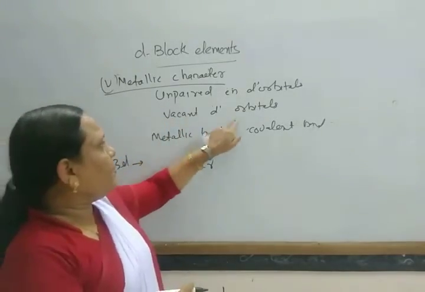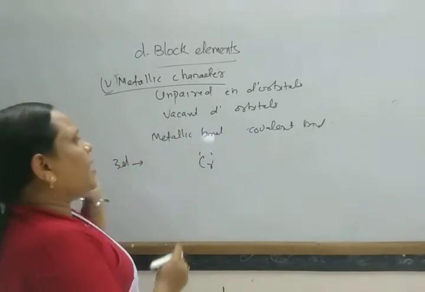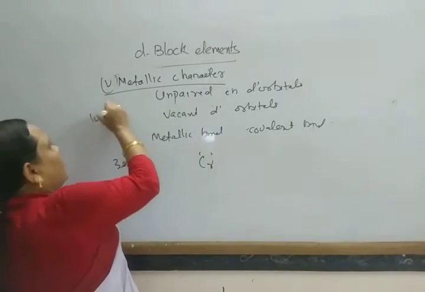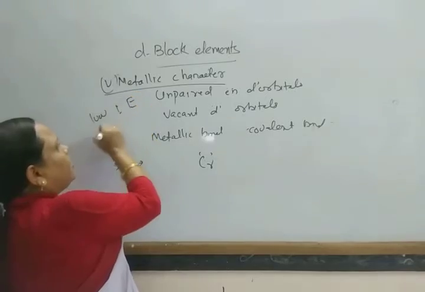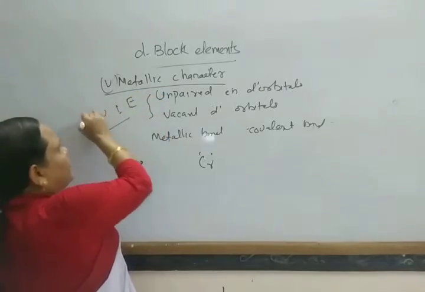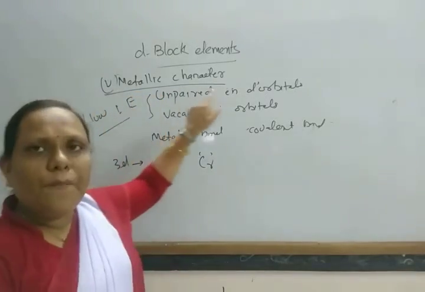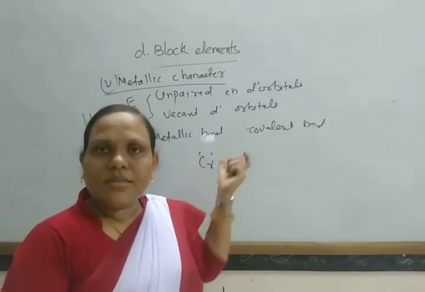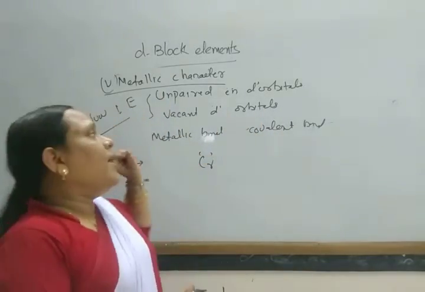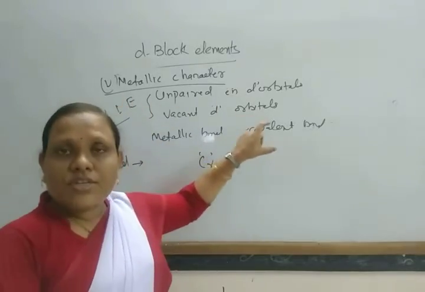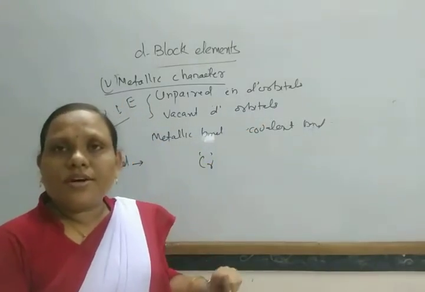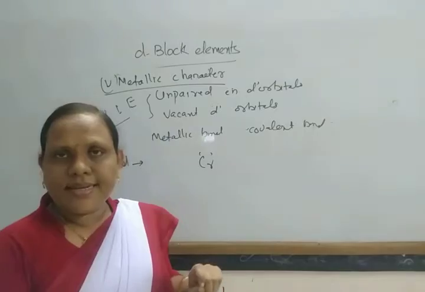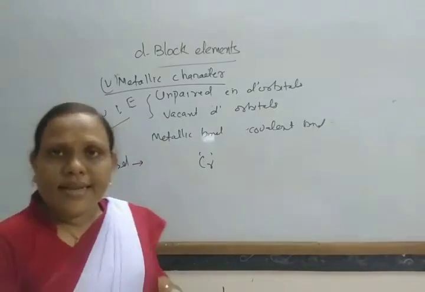So vacant d orbitals, unpaired electrons, and low ionization enthalpy: due to these three factors they show metallic character. They have metallic luster and are good conductors of heat and electricity.